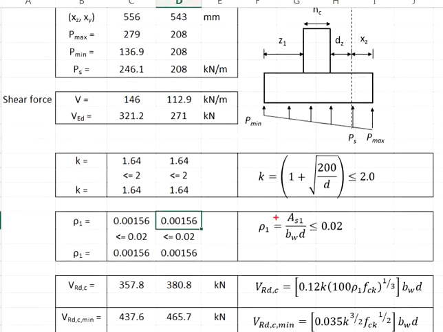Substitute the values into the equations, and you get 0.00156 also. Make sure the rho 1 here needs to be less than 0.02. The calculated value is less than 0.02, so you may use the calculated value. Otherwise, you will use 0.02.